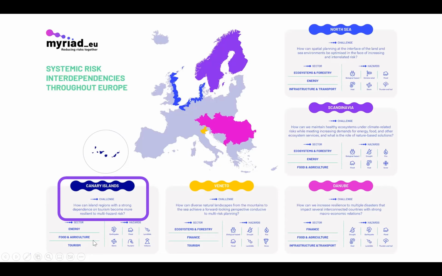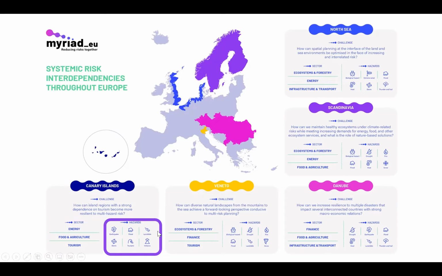Now, we then identify different economic sectors which are important for addressing this challenge within the region. For example, obviously, in this case, tourism would be one of them. Food and agriculture. So the vast majority of the food is actually imported to the Canary Islands. So there's also a vulnerability. And also energy, right? Providing all the energy for these temporary tourists who are sometimes on the island, sometimes not.